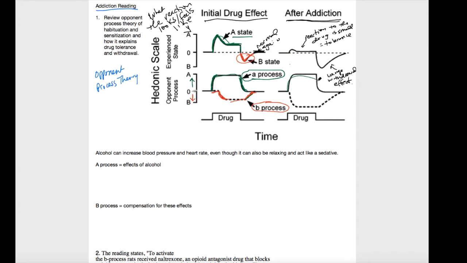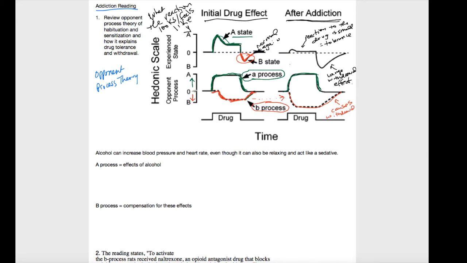Up, steady, and then down. The first A process is the same as the 100th A process. It does not change. What has changed is that the B process has gotten larger. And so whereas it was this big initially, it's now, whoa, this big, and takes longer to go away. And this is what causes the withdrawal when the drug is taken away.